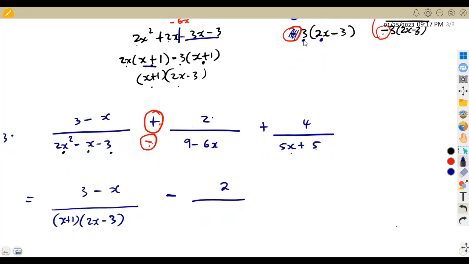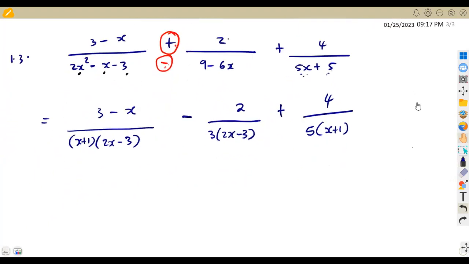So we're just remaining with the 3 and 2x minus 3. Okay, plus 4 over, as you can see here, just factoring 5, which is common. If I factor 5, I remain with x plus 1. 5x divided by 5 is x, 5 divided by 5 is 1. So these are the brackets that we are having. We are done with the factorization part.